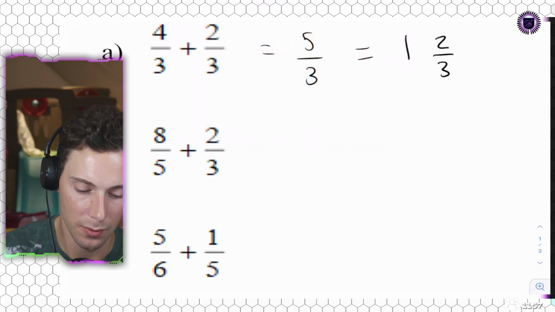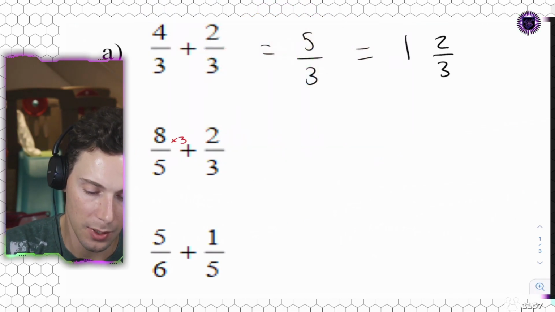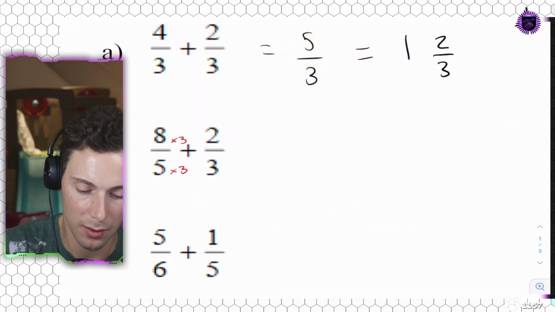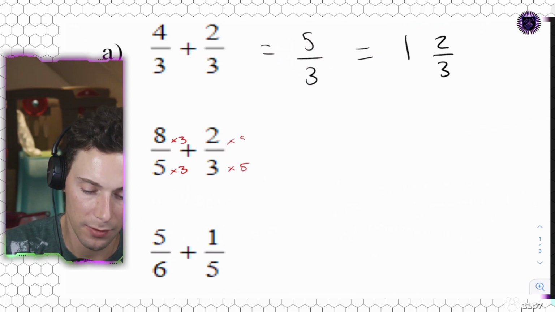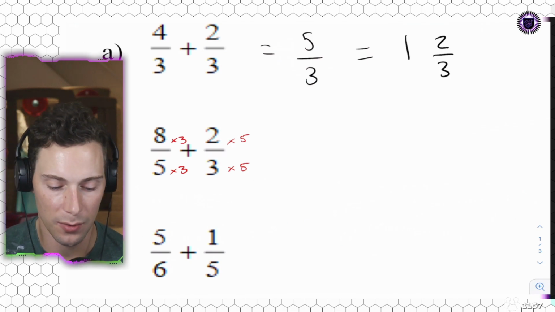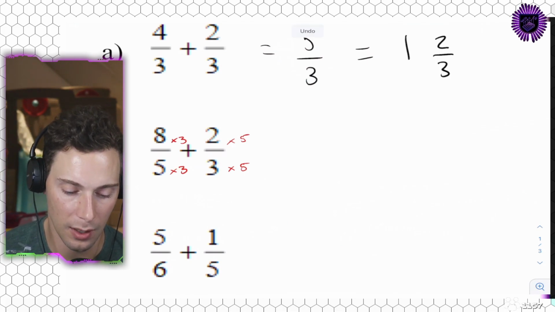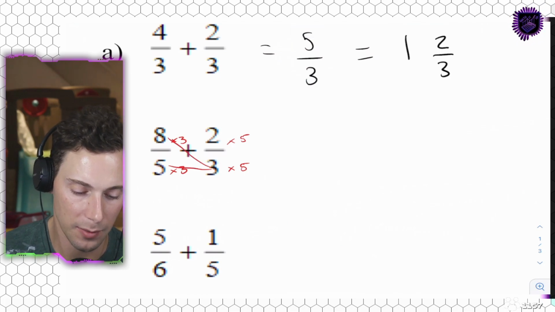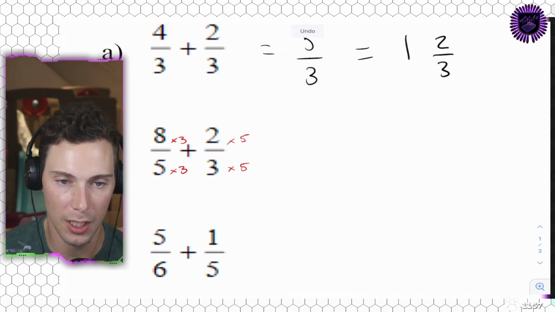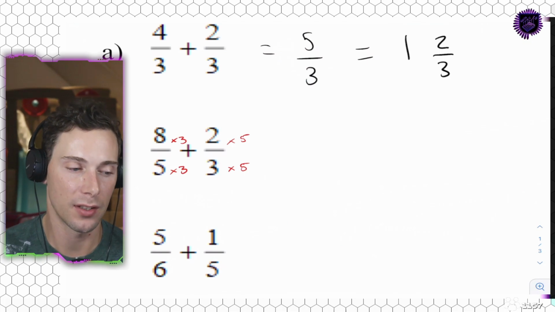So we're going to go times 3 times 3 times 5 times 5. And we're going to rewrite this fraction. So 5 times 2, 5 times 3, and opposite, 5 times 3, 5 times 2. So this is going to keep our fractions equivalent, but give us a fraction with common denominators.